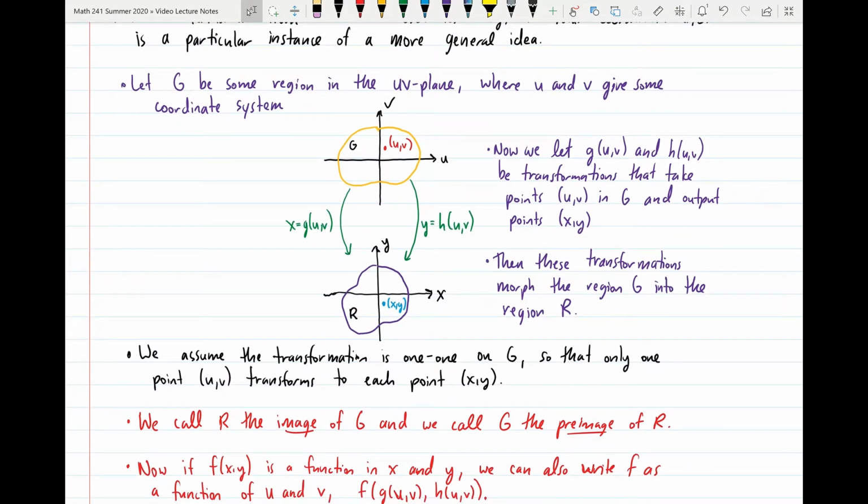And here's the important part. We can talk about coordinate transformations that map this region G into the Cartesian XY plane.